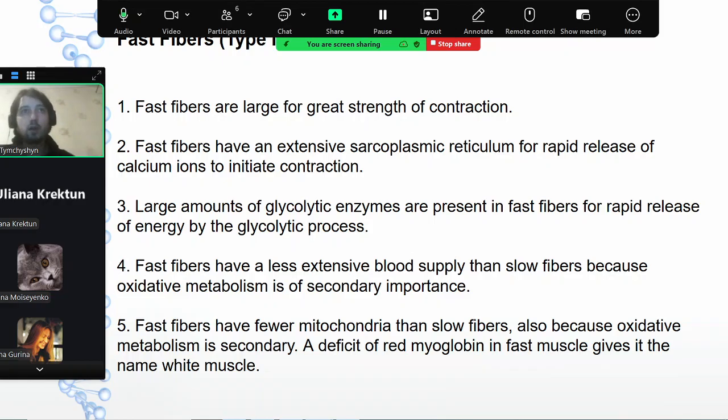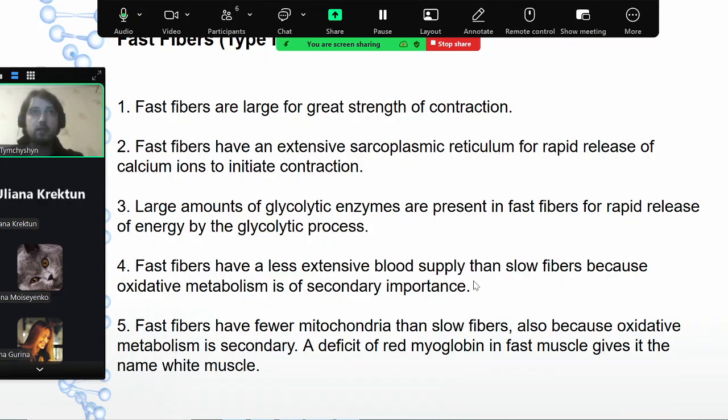And here and now you can only do some anaerobic processes, like glycolysis, like making lactate, as we have previously considered, and all that stuff. So all the anaerobic stuff. That's the deal with the fast fibers. They will have less extensive blood supply, because they don't rely so much on those aerobic processes.